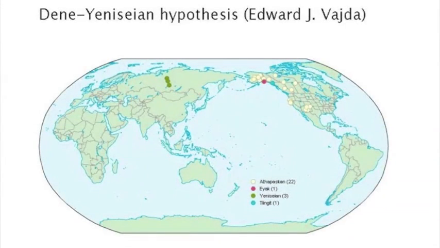The two families are Na-Dene, so the Athabascan languages, plus Eyak and Tlingit, spoken in the western part of North America, mainly the northwestern part, and the Yeniseian languages spoken along the river Yenisei in Siberia. There's actually only one surviving Yeniseian language, Ket, but some of the others are known from historical records.